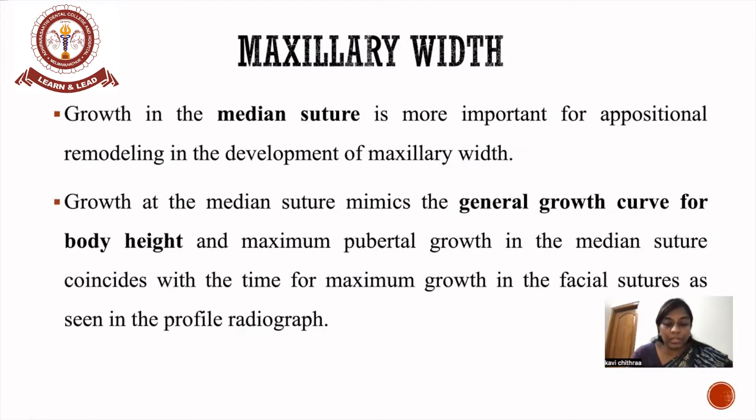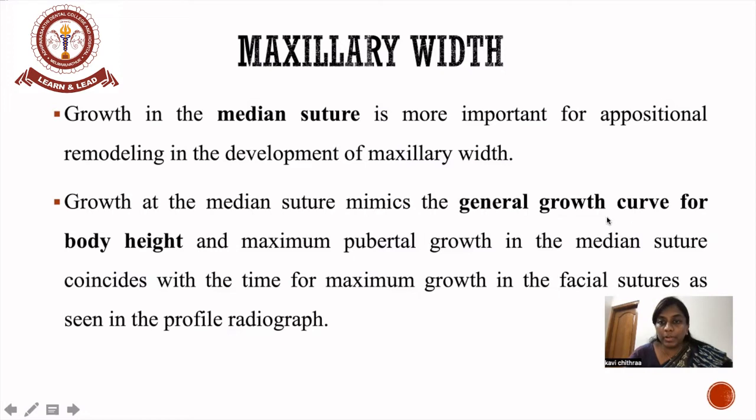The maxillary width. As you all know, both the palatine shelves meet at the center by the median suture. Growth in the median suture is more important for appositional remodeling in the development of maxillary width. Growth at the median suture actually mimics the general growth curve.